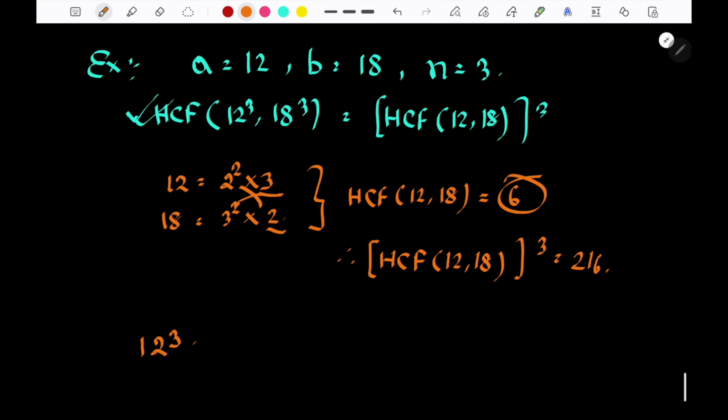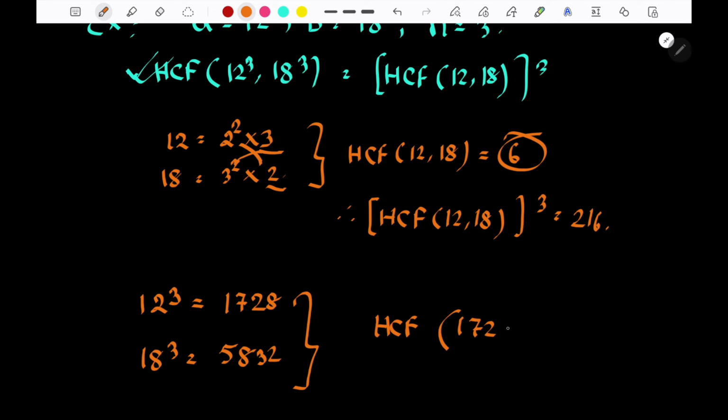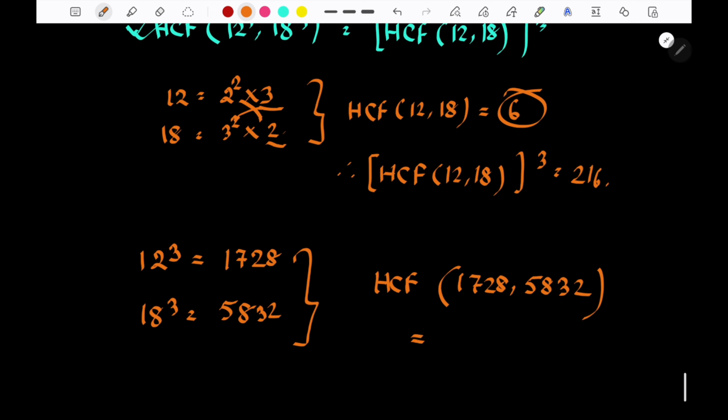Now what is 12 cube? 12 cube is 144 into 12, which is 1728. Now what is 18 cube? 18 cube is 5832, that I have already calculated before. So if we are trying to find HCF of 1728 comma 5832 and check the prime factorization, instead of multiplying we could have also directly written 12 cube as 2 square into 3, whole cube, so 2 to the power 6 into 3 cube. 18 cube can be written as 2 cube into 3 to the power 6.